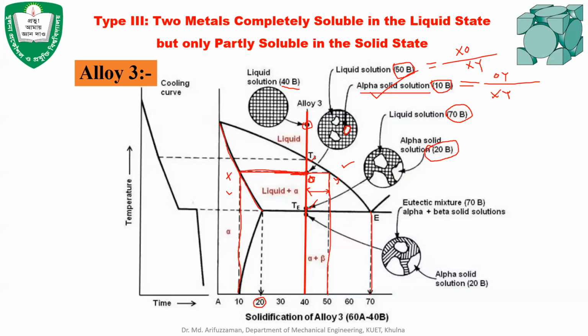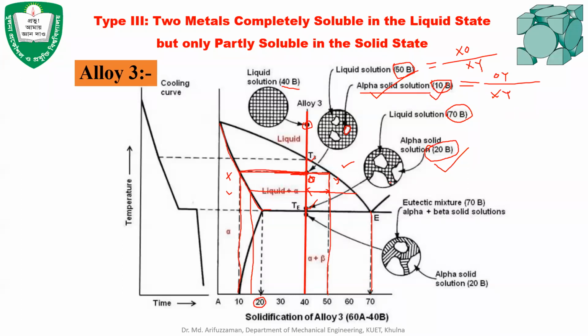Let's say at this temperature, the maximum amount of B that can be present in the solid is 10%. But when the temperature reaches TE, the maximum amount of B that can be present in the solid is 20% B, and that is indicated by this line. If you draw another line in here, you'll see that the percentage of B is increasing according to this line.